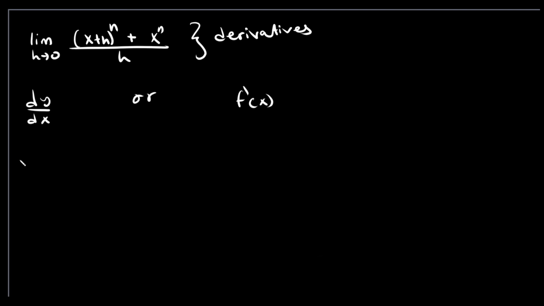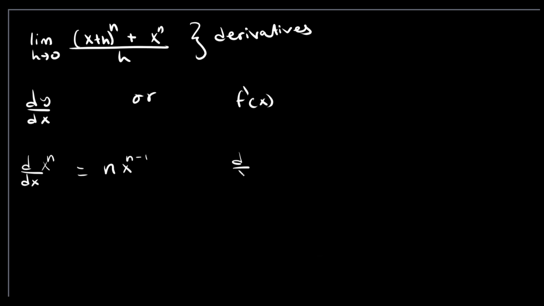So if I had to give you x to the power of n, the derivative of x to the power of n is equal to n x to the power of n minus 1. Alright, so this is my limit. This is my derivative for x to the power of n.